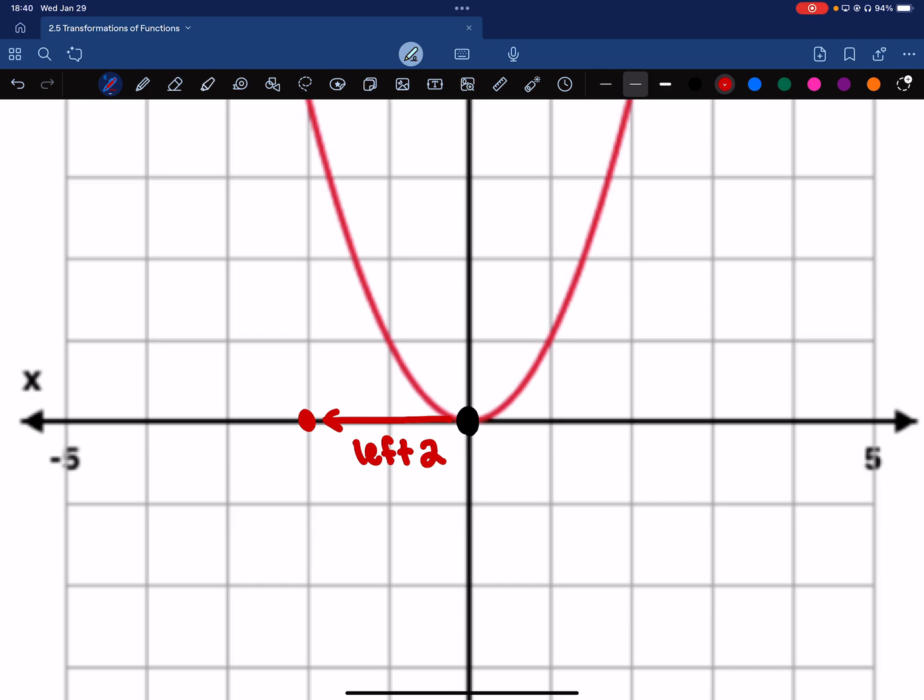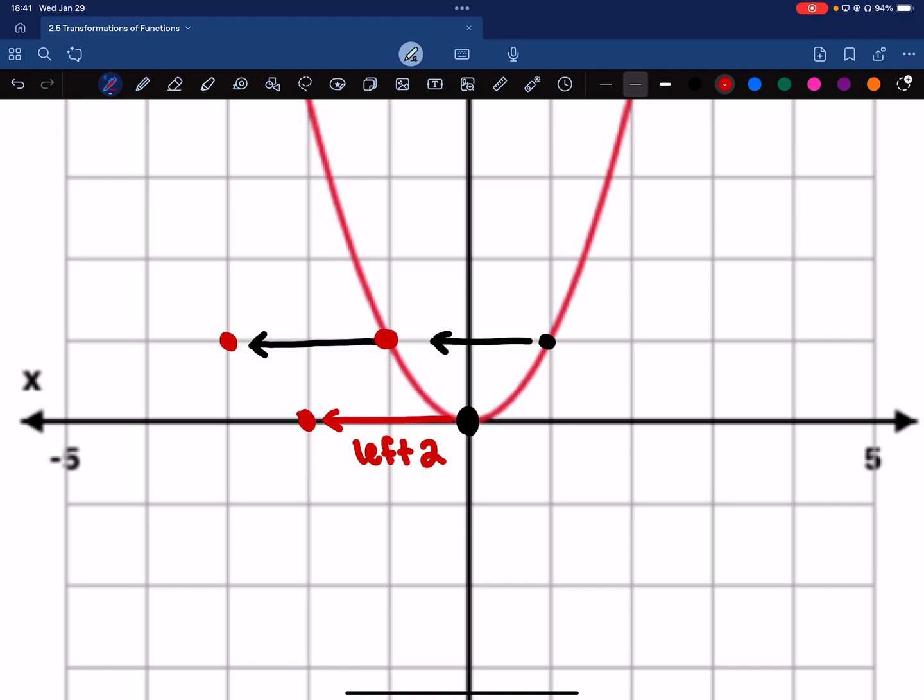And then I would do the same thing with other points on the graph. So if I had this point, I would also just move it to the left 2 units. And then the same thing with this point, left 2 units, which would actually put me right there.